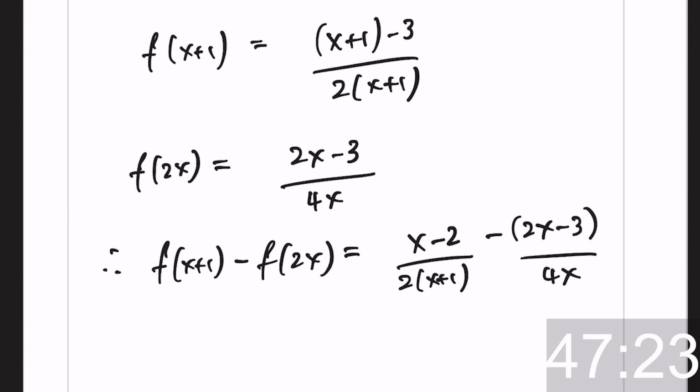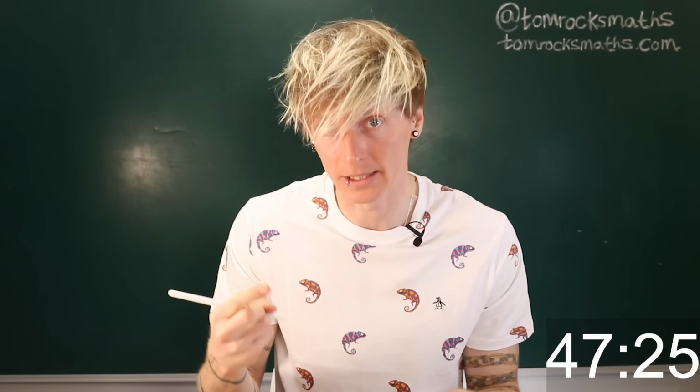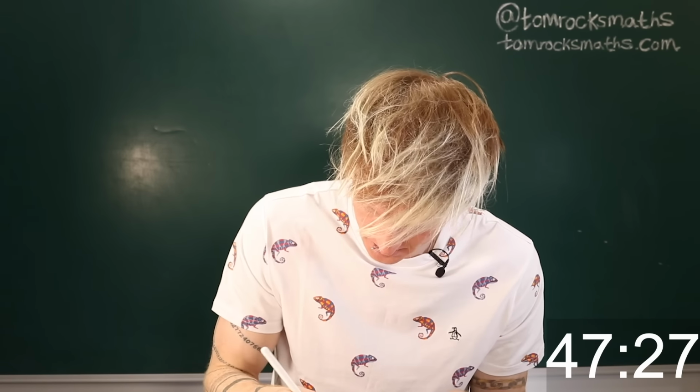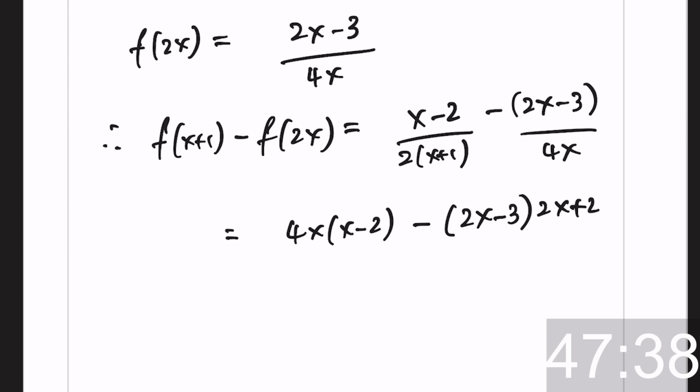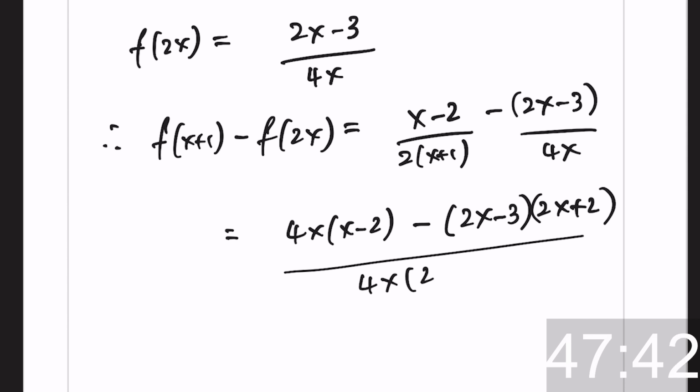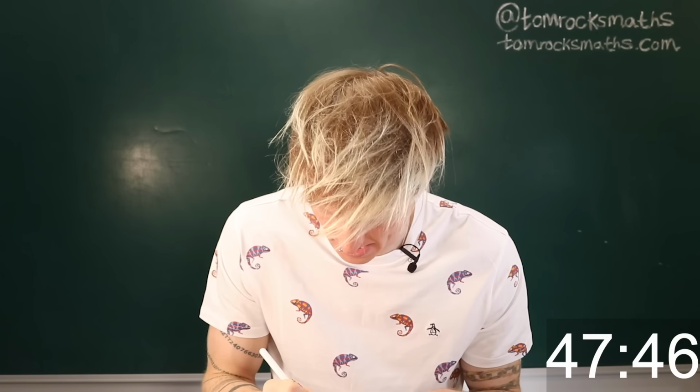Okay, and we want to solve that equal to a half, so we'll do that in a minute. So simplify it. That's 4x times x minus 2, minus 2x minus 3 times 2x plus 2, all over 4x times 2x plus 2. It's going to be 2 is going to cancel, but I'll just leave it like that for now.